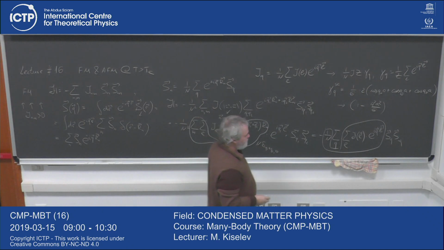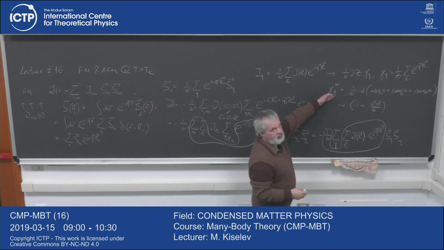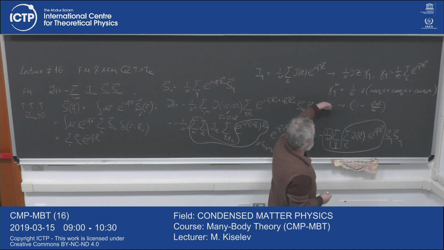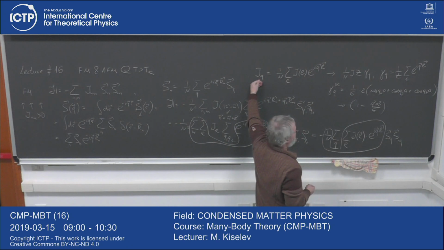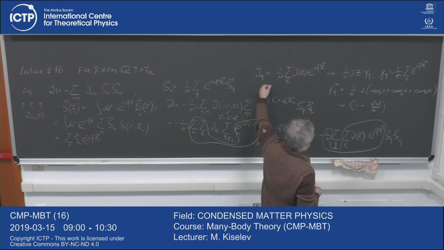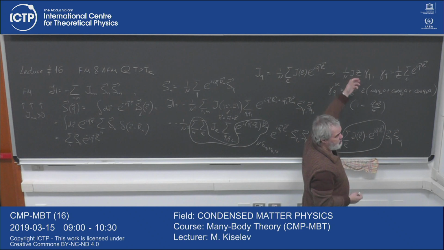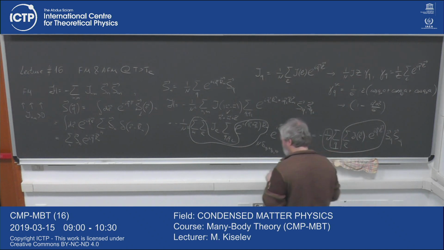So gamma at q equal to 0 is equal to 1. This is what we see, and therefore J at q equal to 0 is equal to J times z over N.